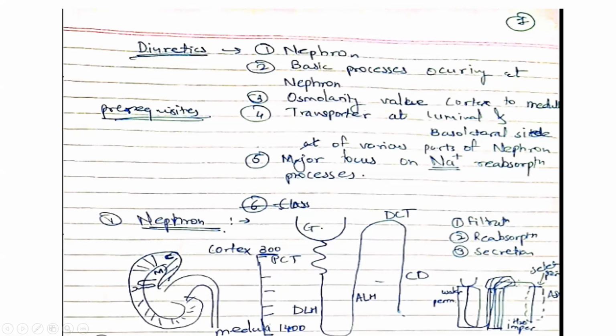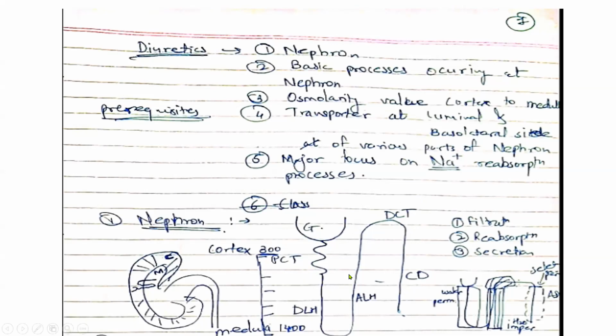Similarly, you can say from medulla 1400, it is going to cortex 300. Why am I saying so? Do you remember from anatomy, this part of the nephron is freely water permeable, wherein along with the solutes, water will freely follow. Remember, water follows sodium, sodium follows water, which we discussed when I taught you the urinary system.